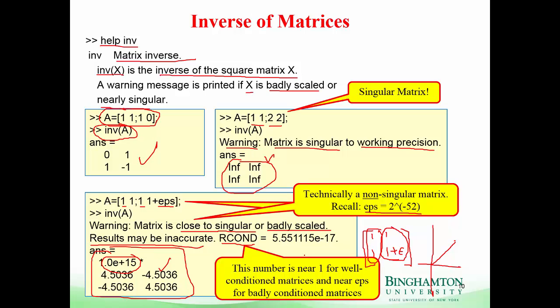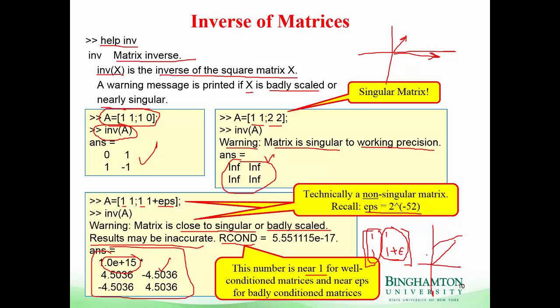So condition number for a matrix characterizes how close to being singular is the matrix. And so for well-conditioned matrices, so matrices that are not even close to being singular, you might have one vector here and another one way over here. Those are not close to each other at all. For those, you'll have this rcond number will be near 1.